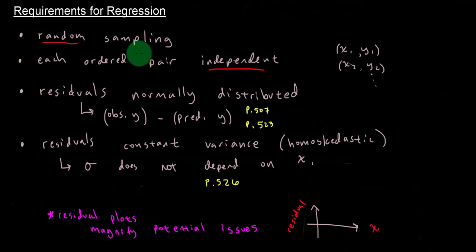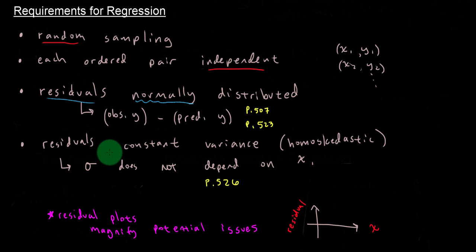So regression, we saw we need these random independent sampling design stipulations. We've seen those a lot. We still have a normal distribution requirement, but this time it applies to the residuals, so that's kind of cool.